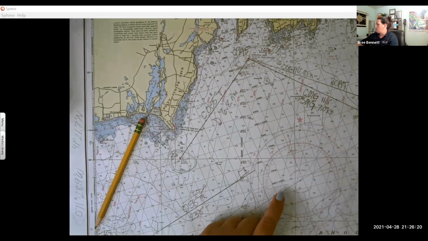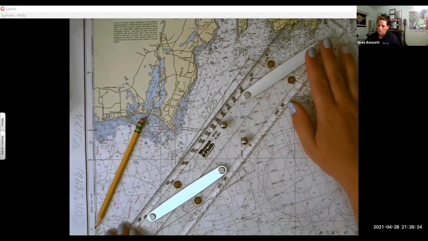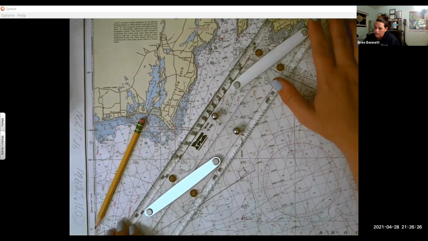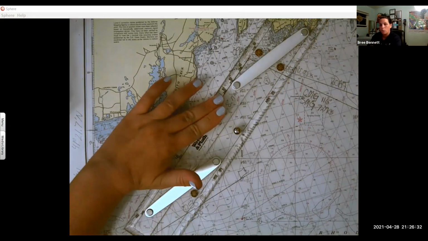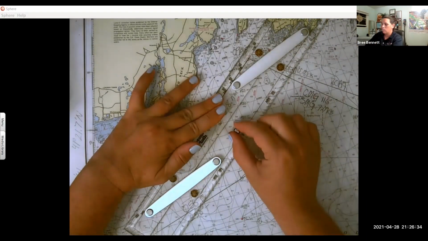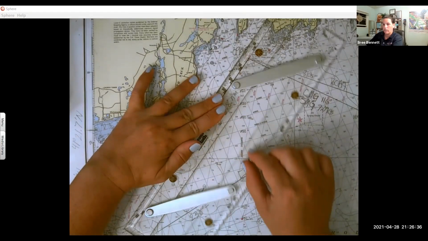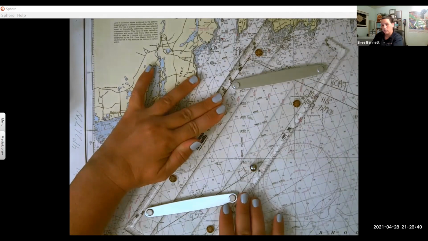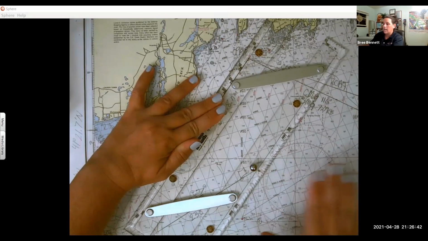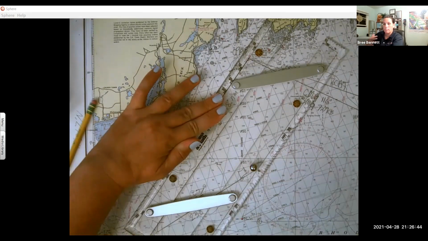Same thing for the parallel rulers. We're going to put that edge, that black line, on the course in question. Then I'm going to put pressure on one ruler. Now I can move this ruler freely. I can't make it all the way to the triangle or all the way to the compass rose. Then I switch pressure.